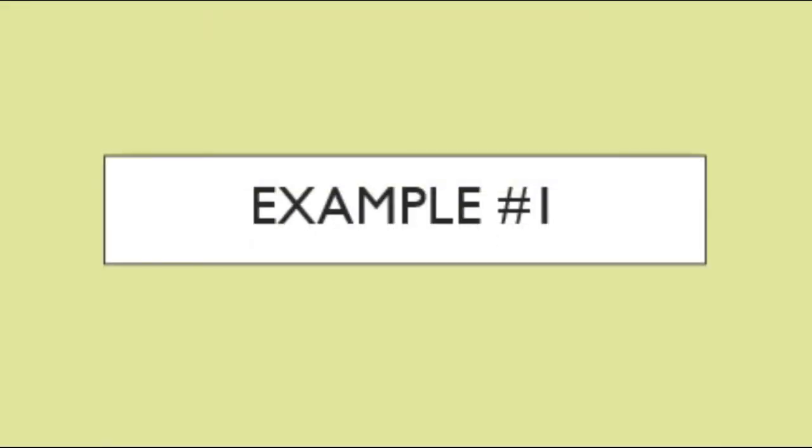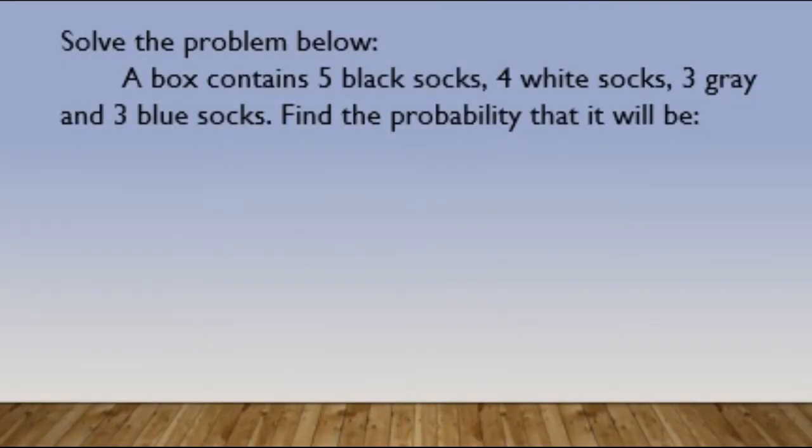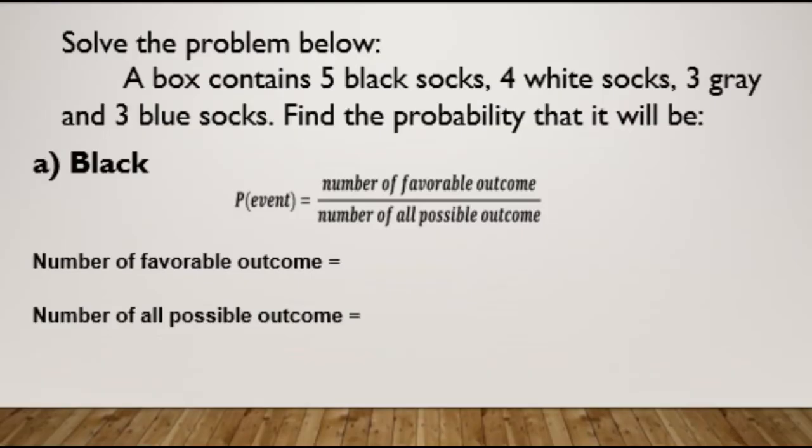Example number 1. Solve the problem. A box contains 5 black socks, 4 white socks, 3 gray, and 3 blue socks. Find the probability that it will be black, white, gray, and blue. First, find the probability that it will be black.